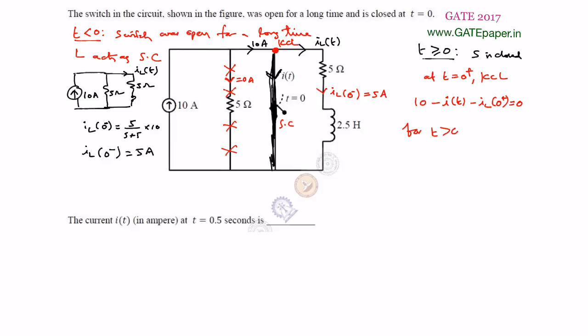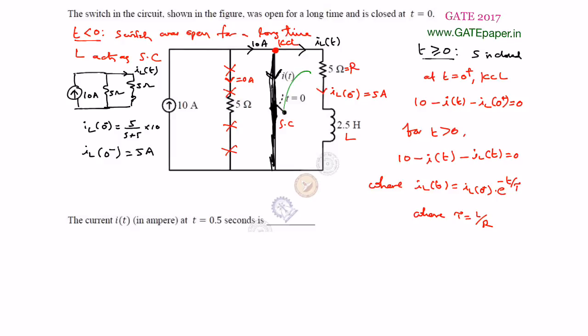For t greater than 0, the same KCL equation can be written as 10 minus I of t minus IL of t is equal to 0, where IL of t is the current flowing through the inductor, which gets discharged, and the discharging current is IL of 0 plus into e power minus t by tau, where tau is equal to L by R. L is 2.5 Henry, R is 5 ohms, because this is an RL circuit along with a short circuit, so only the R and L components should be covered in this loop.